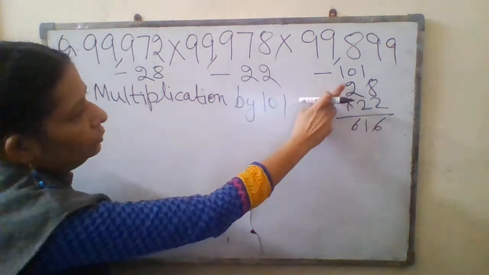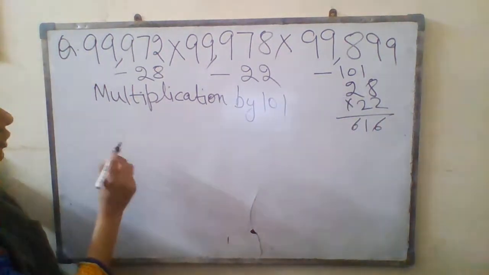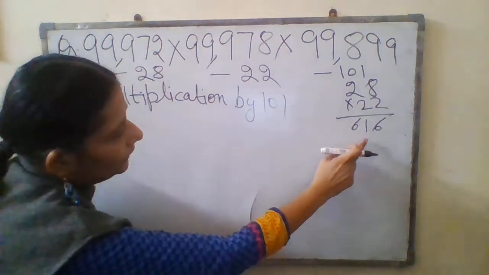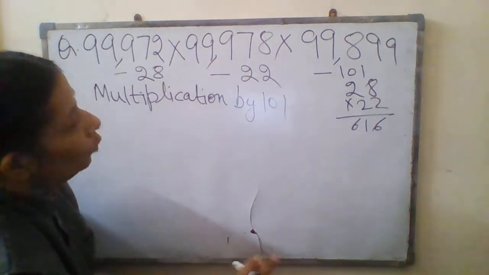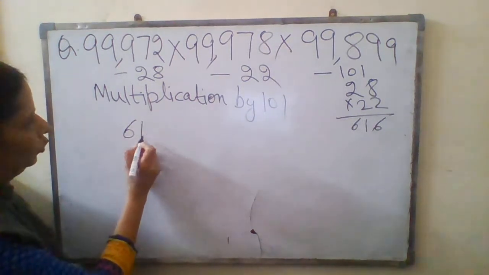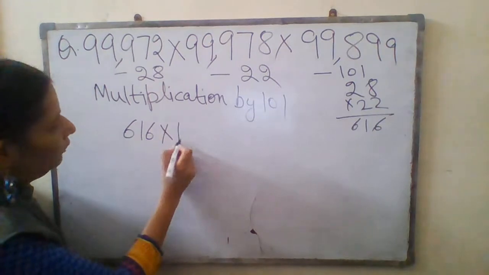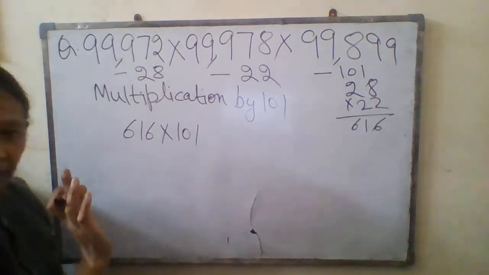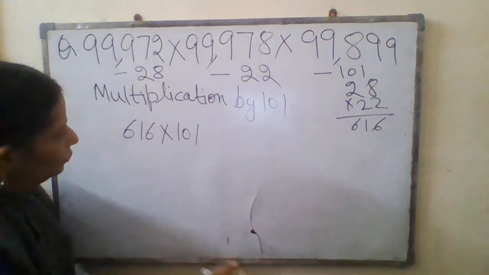Now next, see what you have to do here. You have to multiply this 616 with 101. So how will you do that? See, 616 multiplied by 101. There is a condition attached to this.